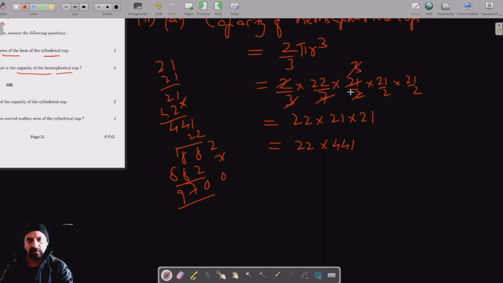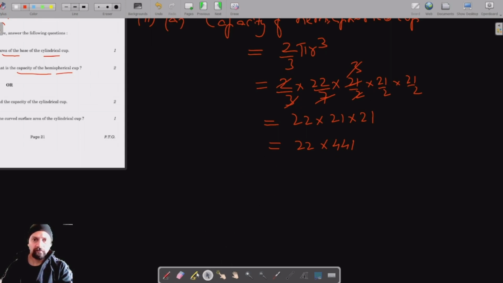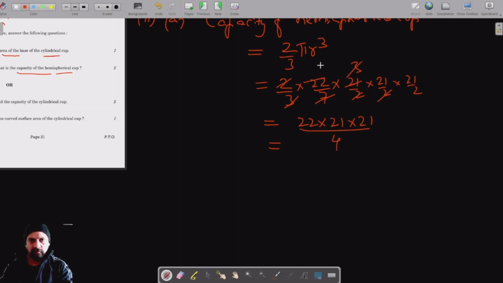7 to 3, and 3 gets cancelled. So it has to be divided by 4. So this is 22 into 21 into 21 divided by 4. We can also cancel this.